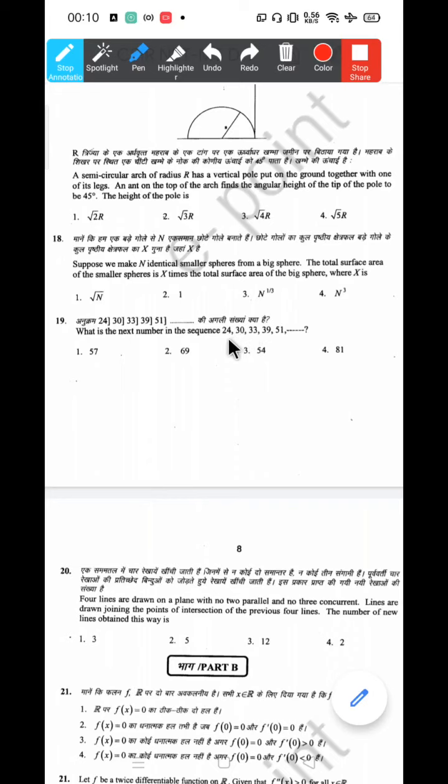The next term, I think it should be 5 into 7, I think it must be. Okay, let's go to the next one.